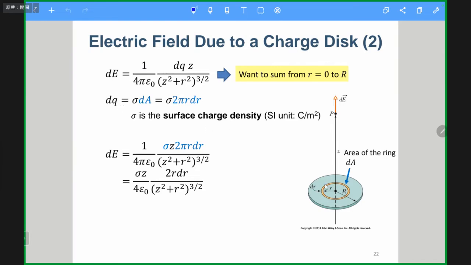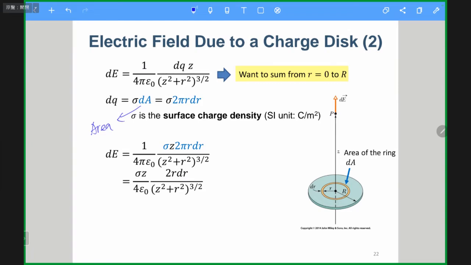Here we have the ring, but we consider it has some thickness. So dA is the area of this ring.